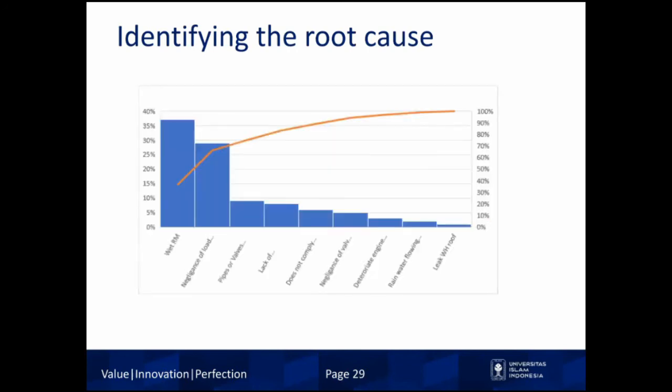Okay, and then we identify the root cause as well as the frequency of each root cause. And we can see that wet raw material, providing a high frequency of risk, is also related with asset.